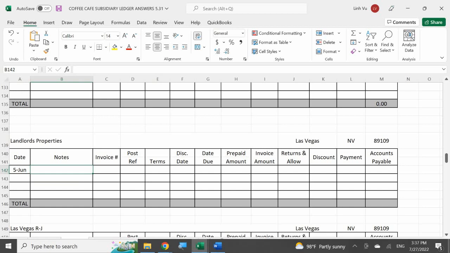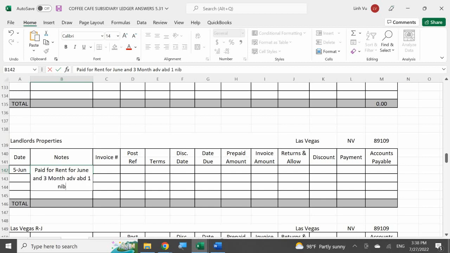So in this case, I'll go ahead and say paid for rent for June and 3 months advance and 1 month of rent deposit.